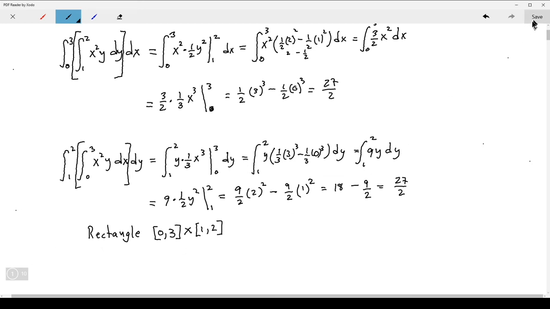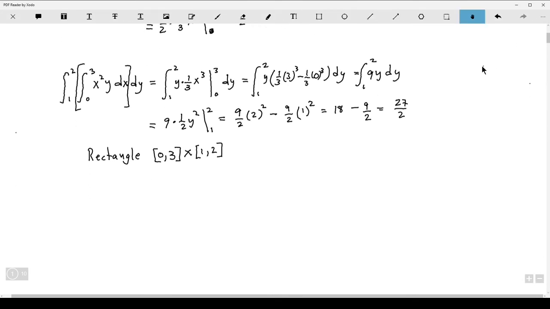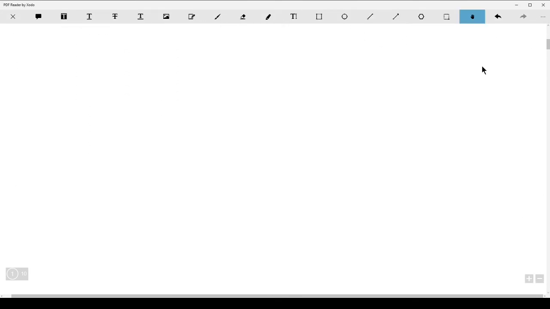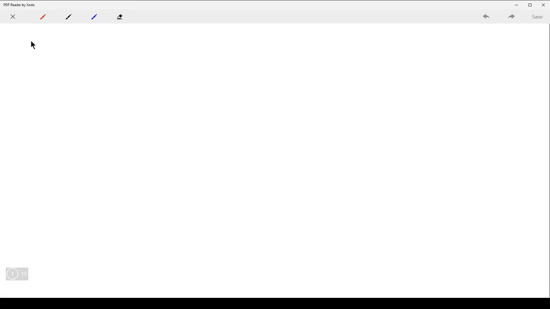Some integrals, and you would have seen this in Calc 1 and Calc 2, are difficult and complicated, and some are pretty easy. Sometimes when you set up a definite integral, doing it in one direction, let's say dy dx, is easy, where doing it in the other direction, dx dy, is really hard. So, as far as the order of integration goes, let's take a look at a problem here.